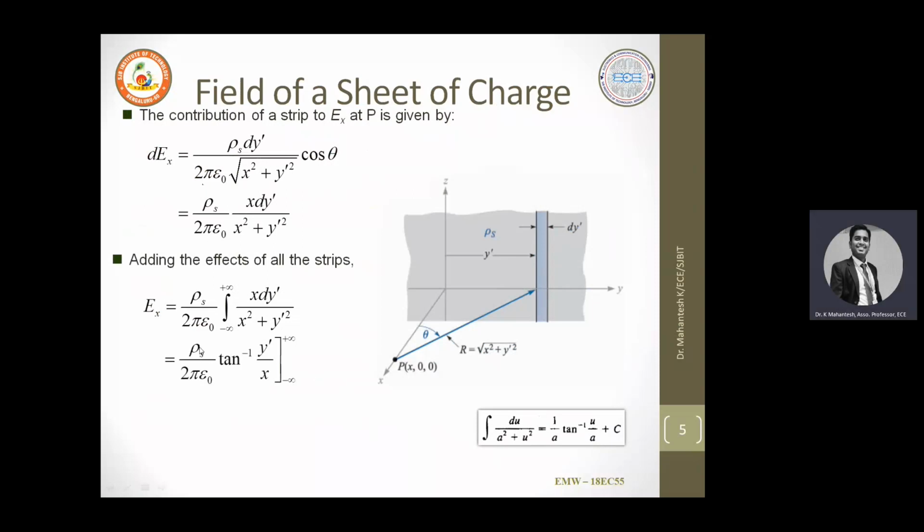So here we get rho s over 2 pi epsilon naught tan inverse y dash by x, with the limits varying from minus infinity to plus infinity. Substituting the limits into this tan inverse function, I get rho s over 2 epsilon naught. Therefore, the electric field intensity of a sheet of charge is equal to the surface charge density over 2 epsilon naught.